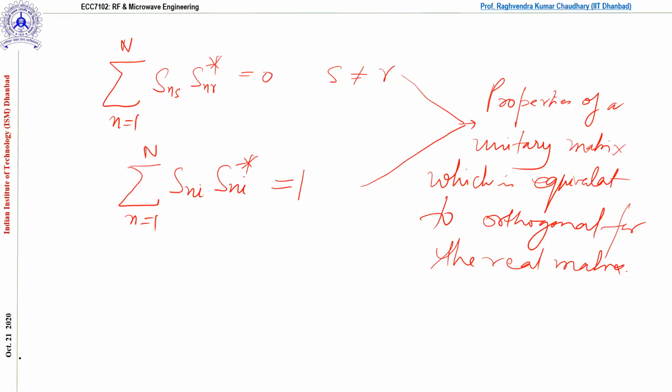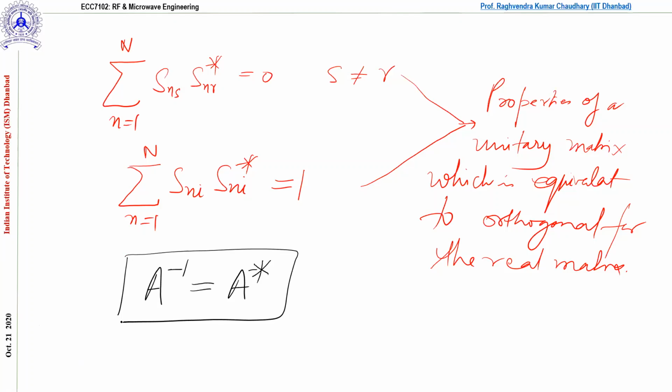I hope you remember, but for your information, I am writing here that if this property is followed, then we call it a unitary matrix. It means that the columns of a unitary matrix are the unitary basis, that each row has length 1. Now let us try to prove the S matrix as a unitary matrix.